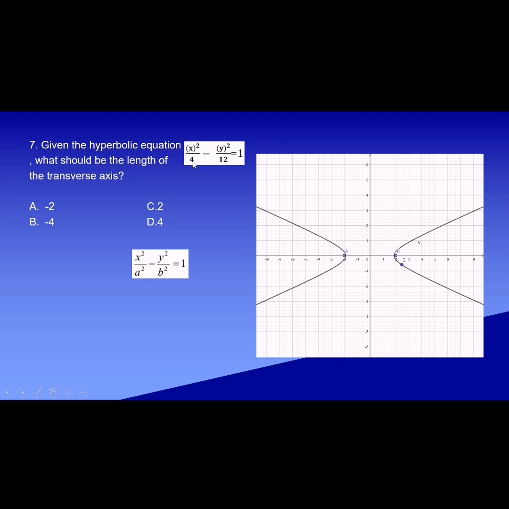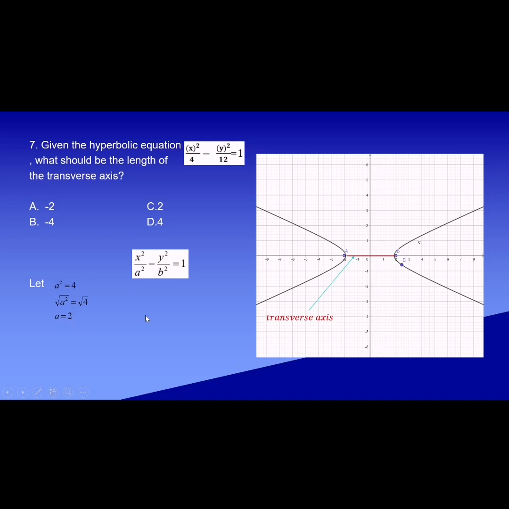To plot the given equations, this is the graph we get, where the center is at the origin, and we have here the segment joining the two vertices. That is called the transverse axis. If we let a squared equal 4, as given in our equations, then a is the square root of 4, squaring both sides.